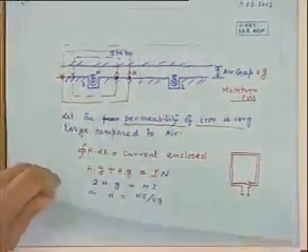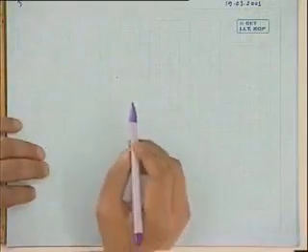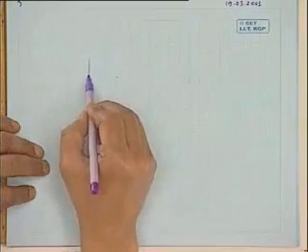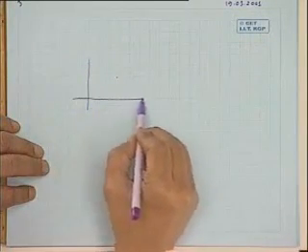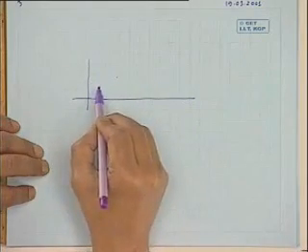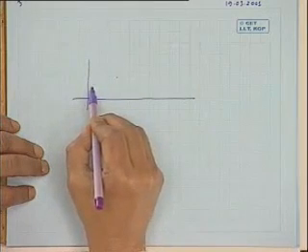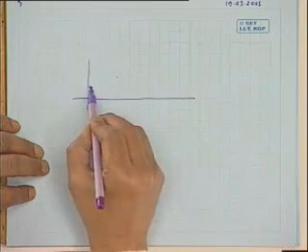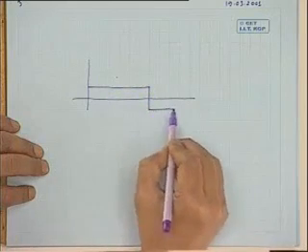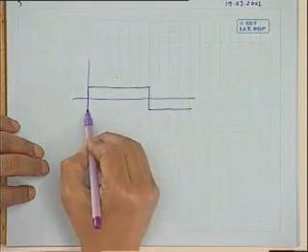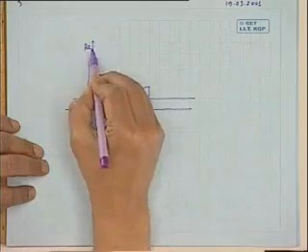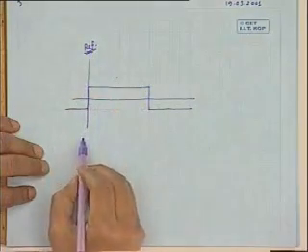That is very clear. Now suppose I plot this MMF wave along the length of the machine, it will be like this. Suppose this is my reference point from which I am measuring the position.